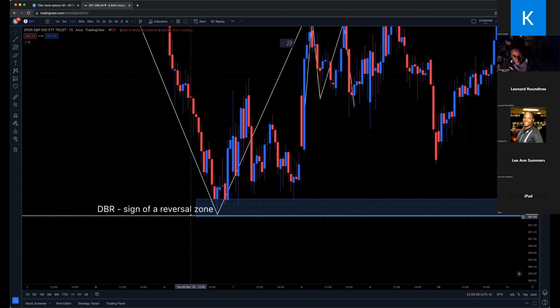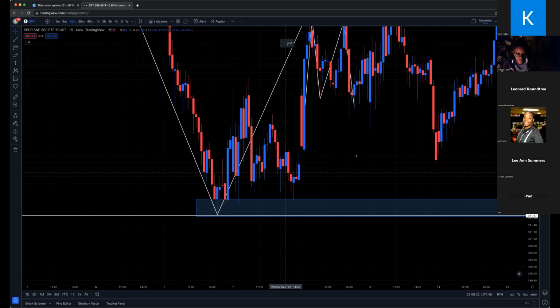Stop loss, if it comes out of this zone, I always recommend, if you're going to put a stop loss, put it slightly beneath the zone, because the brokers will sometimes try and do what's called a stop hunt. But you know, you would have been risking less than a point to make 3 points. All right, those are risk to reward ratios you want to take all day. So that's an example of a drop base rally.